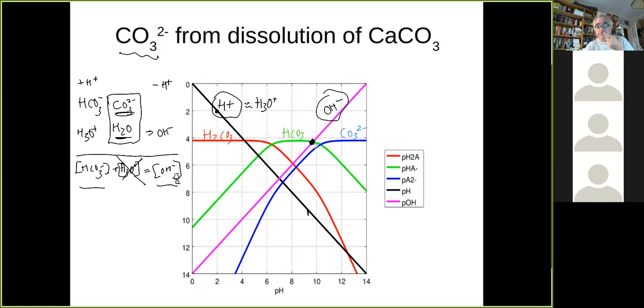Then we just record it. It will become something like 9.5 or something like that. Note that we don't have a lot of carbonate ion in the solution, but rather hydrogen carbonate, according to this diagram.